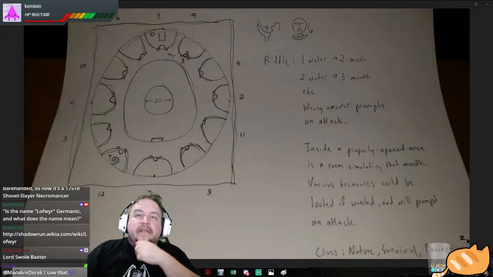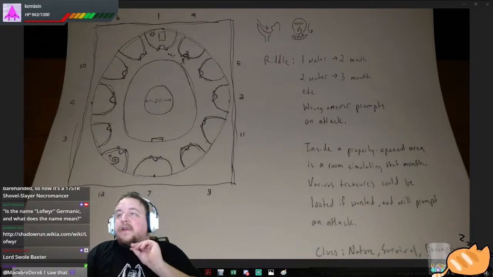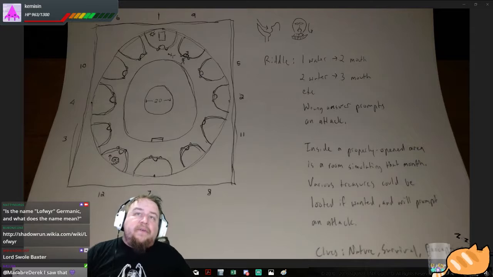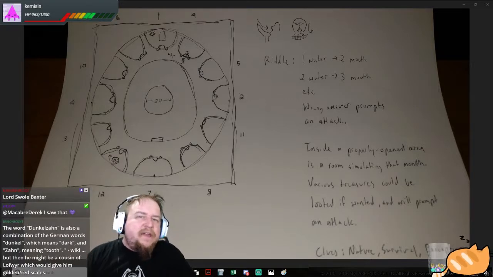Shadowrun wiki. So bubonic one, if you want to share that on the Discord and make sure to tag Volvo, he might like to see that. Otherwise, with a name like Lofwehr, I don't know if that's necessarily Germanic. It sounds a little bit more Nordic.